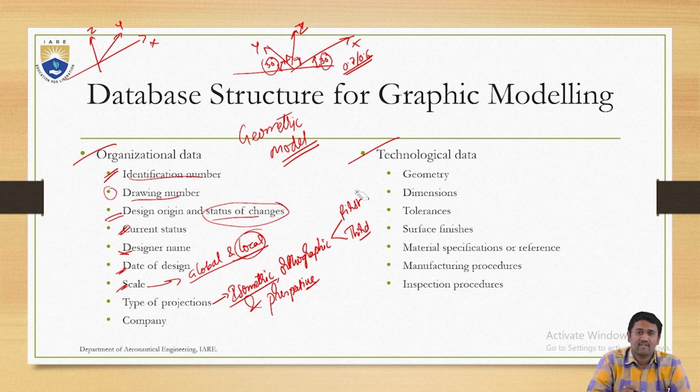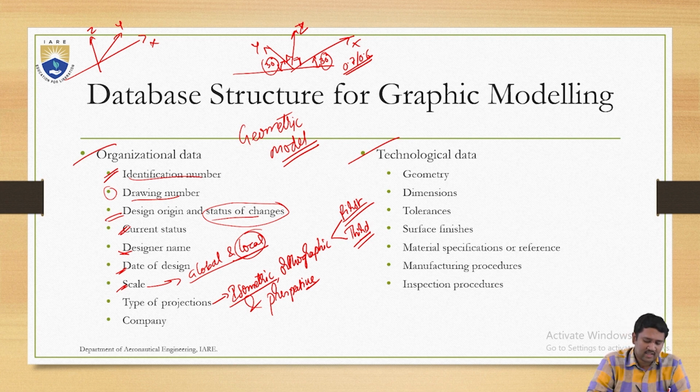For orthographic, whenever a viewer sees and the rays of projectors are parallel to each other, if an object is placed in the first quadrant, then you call it first angle projection. If the same thing is placed in the third, it is a third angle projection.